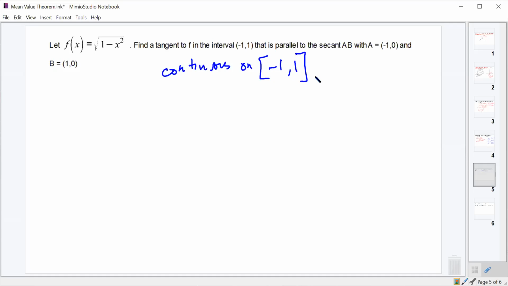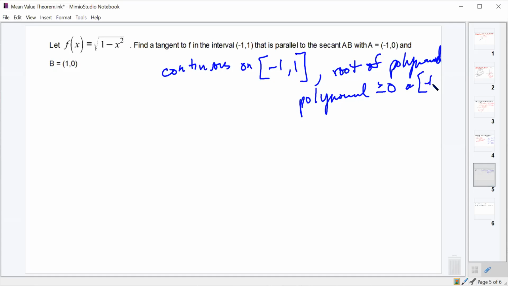Right, it's just the square root of a polynomial. And as long as that polynomial is defined and is never negative, right, that polynomial is always greater than or equal to 0 on that interval, then that square root shouldn't affect anything, as long as it's not ever negative, which it never is. And then what about differentiable?